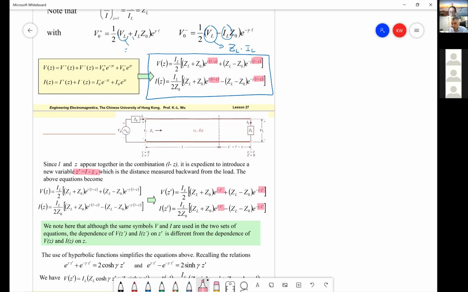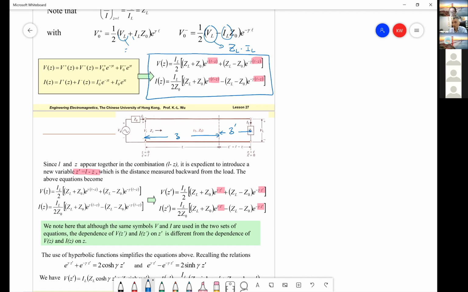What is the difference is z prime is more convenient, because we measure the distance away from the load. That means this is z prime, and this is z.